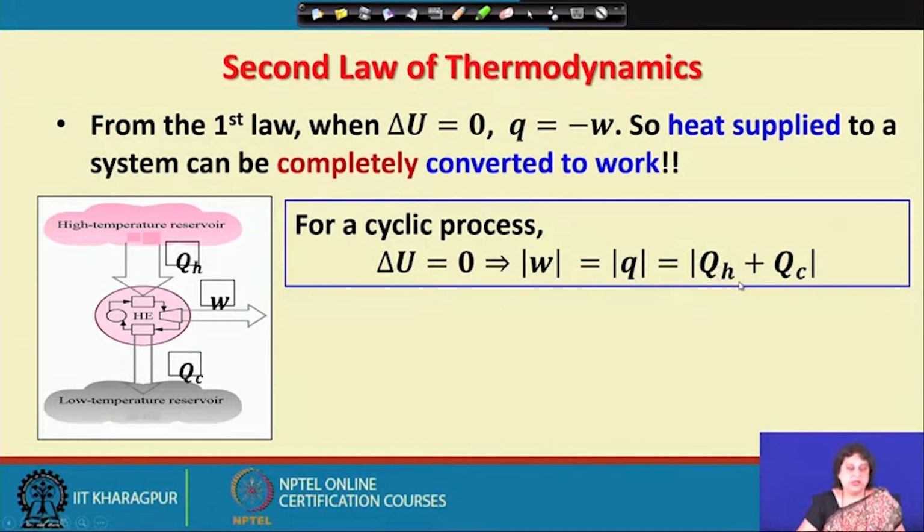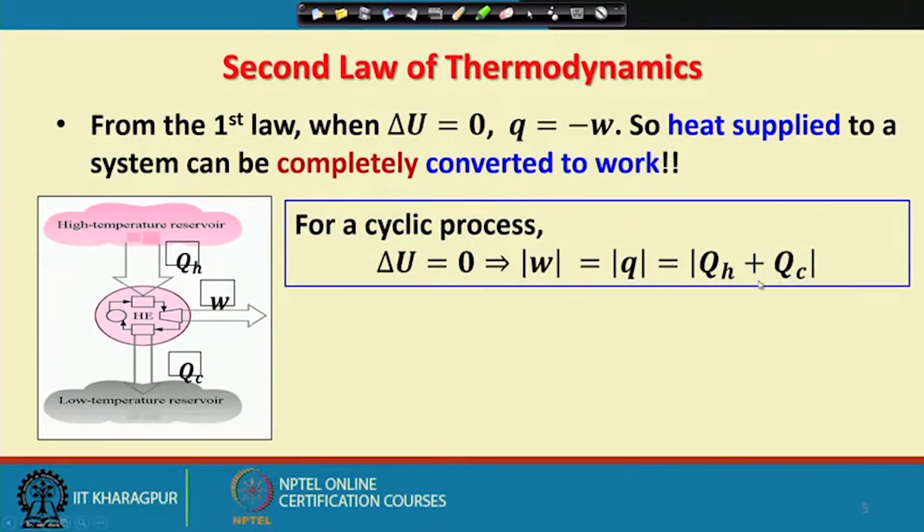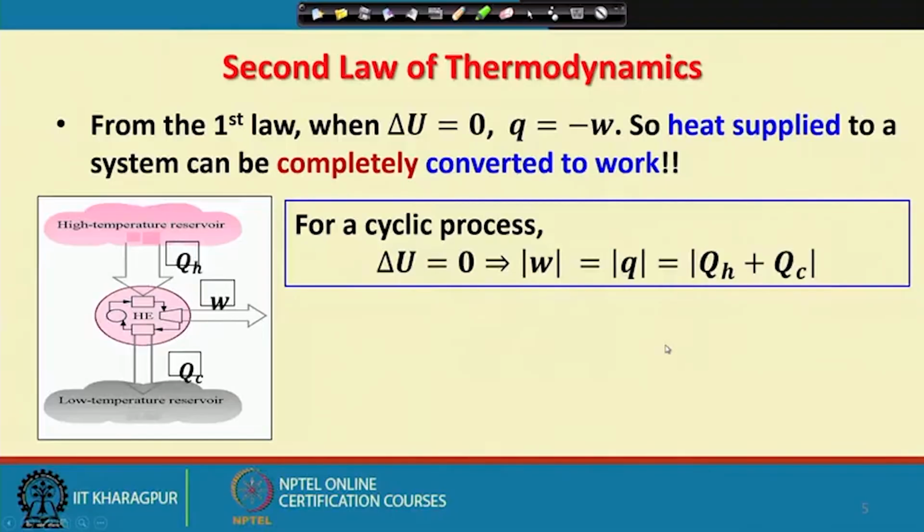That is QH, the amount of heat that has been exchanged at the hot reservoir, plus QC, the amount of heat that has been exchanged at the low temperature reservoir. You must realize that QH and QC, each of these quantities may be positive or negative depending on whether the heat is being gained by the system, that is my heat engine, or it is being rejected by the system. Now, what is the consequence of this?